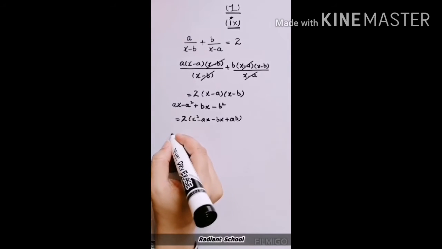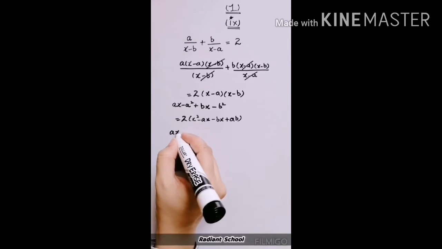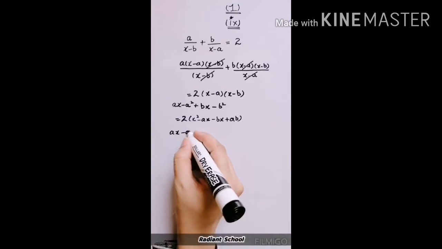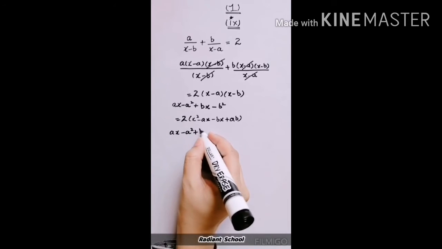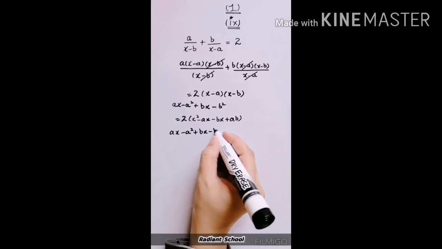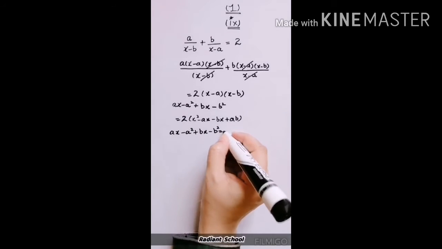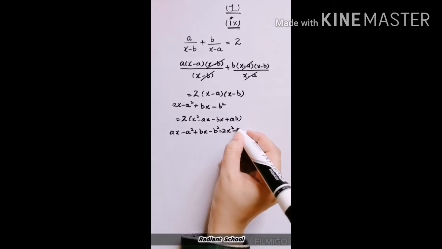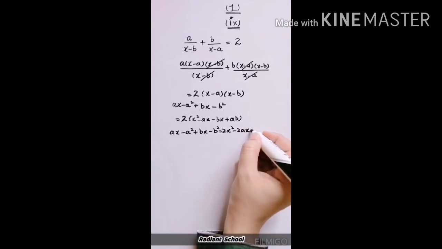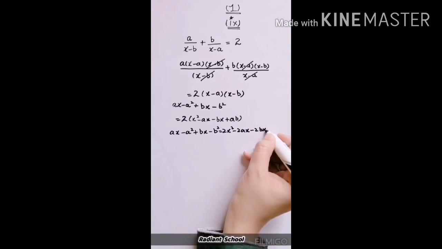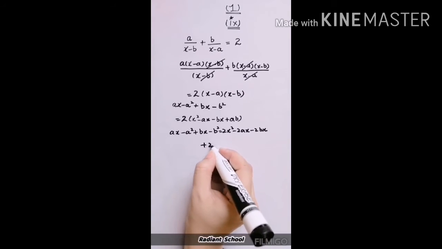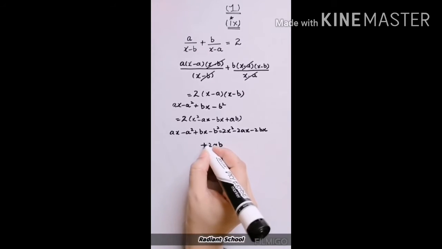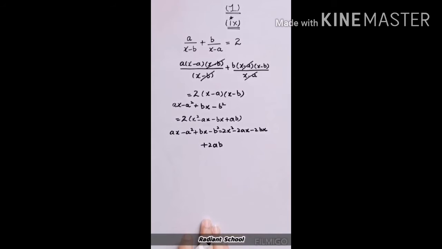Now you have to simplify. Bx minus b square is equal to 2. I will multiply inside. 2x square minus 2ax minus 2bx plus 2ab. Now shift all the terms on one side of equality.